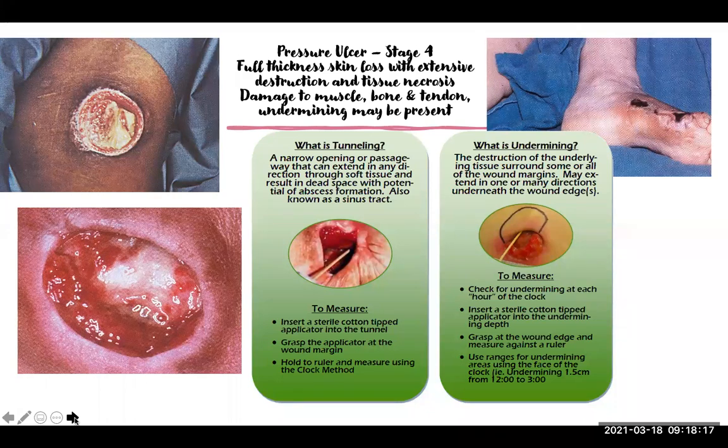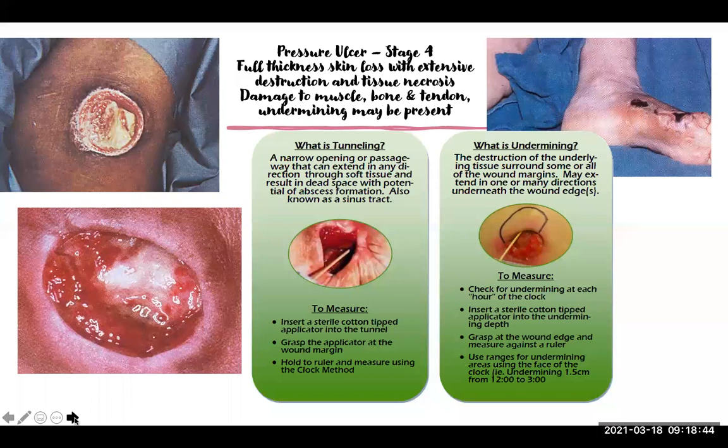Then the other side on the left is tunneling. So tunneling is also something that happens with stage 4 ulcers. It can happen with stage 3, but most of the time you'll see tunneling with stage 4. So a narrow opening or passageway that can extend in any direction through soft tissue and result in dead space with partial or abscess formation.